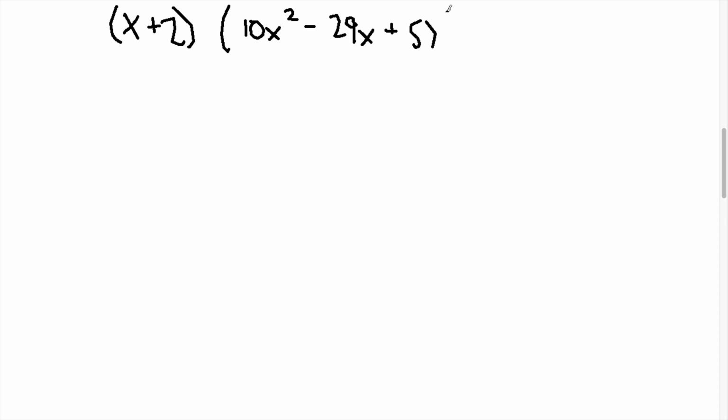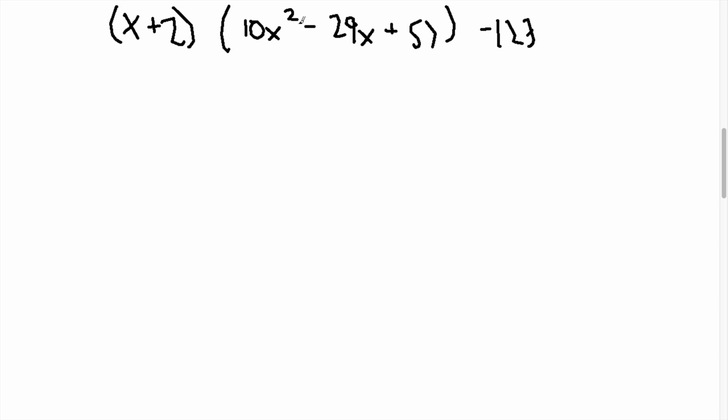So we go back to writing out the expanded form. Originally, we had x plus 2 times 10x squared minus 29x plus 57, all minus 123.